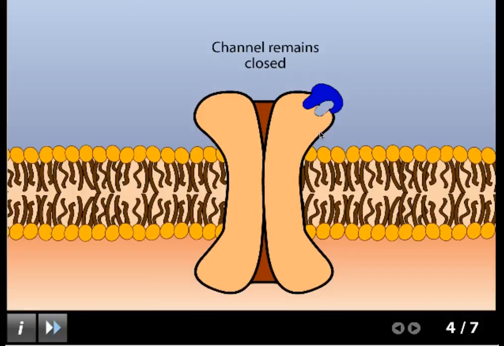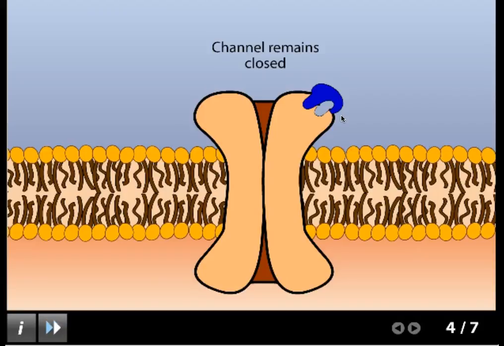So even though this binds to the same site, it binds in a way that produces the opposite effect, because now the channel cannot open. This antagonist has blocked the opening of this channel because it is bound to the same site that the endogenous ligand would bind to. And therefore, it's blocking the way.